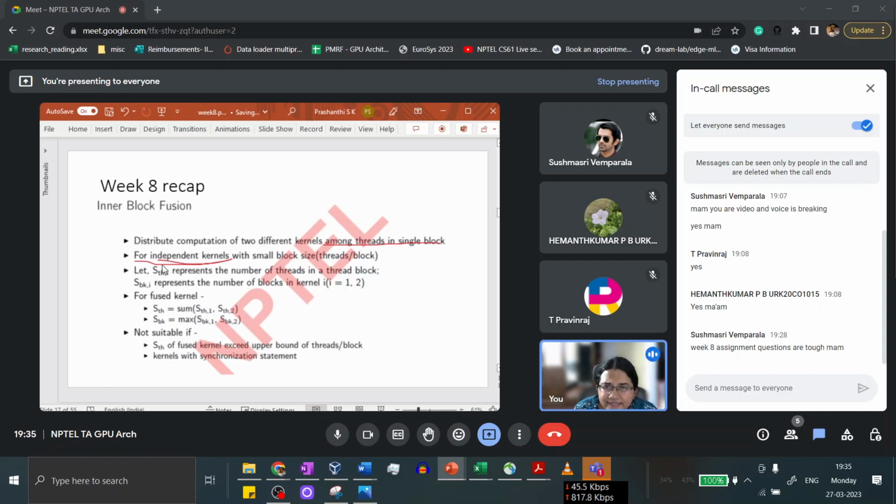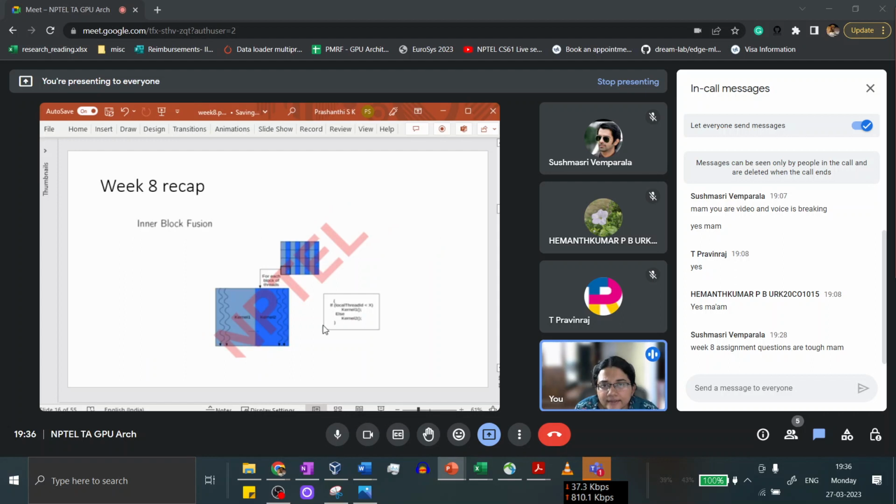Again, using the same notation of STH and SBK, there is a slight difference. For the fused kernel, your SBK, the blocks in that fused kernel, is the maximum of the two. But the threads is now the sum of the two. Why is this? Look at this picture. You need some amount of threads to do kernel 1's work and some amount of threads to do kernel 2's work. Let's say this had 5 and this had 5 originally.